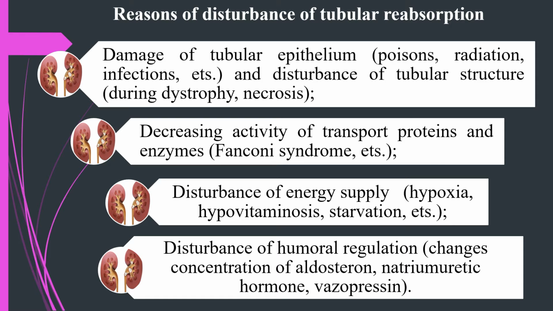Decreased activity of transport proteins and enzymes forms Fanconi syndrome. Disturbance of energy supply occurs in hypoxia, hypervitaminosis, starvation, and so on. There is also disturbance of hormonal regulation, with changed concentration of aldosterone, natriuretic hormone, and vasopressin.